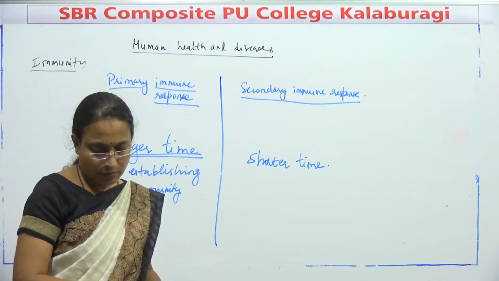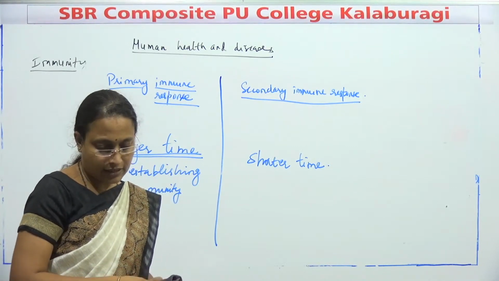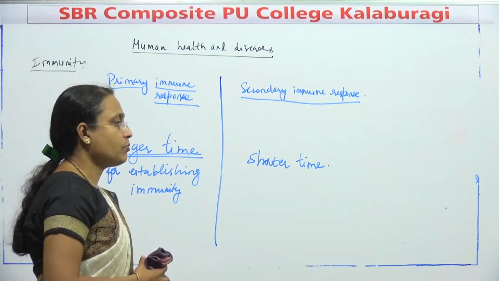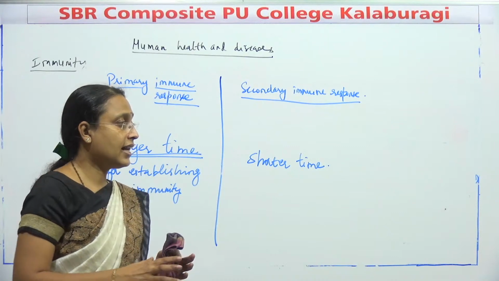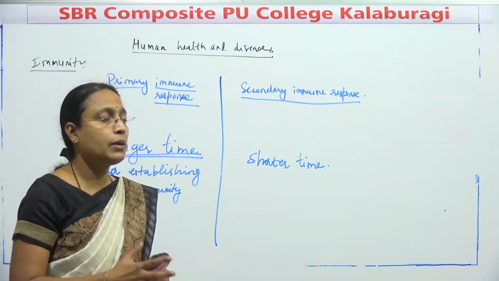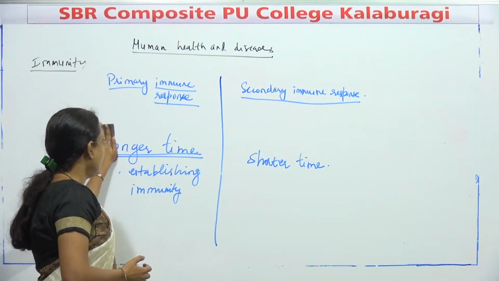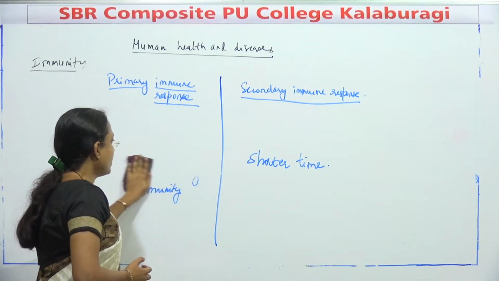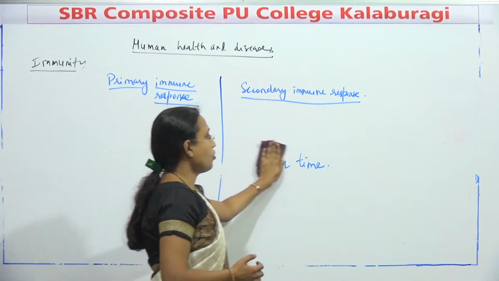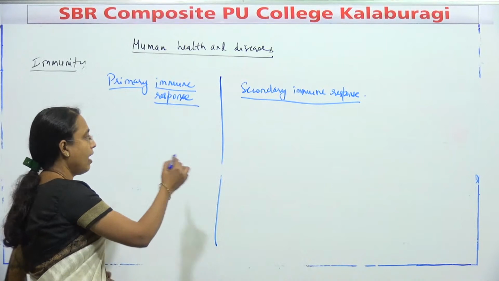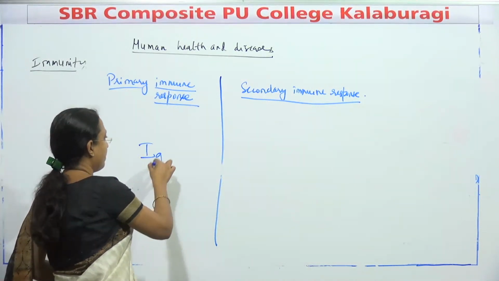Next is, which is the antibody produced in primary response. Rather than telling antibody, I will tell which is the main antibody produced in primary response and which is the antibody produced in secondary response. In the primary response, the main antibody will be IgM.